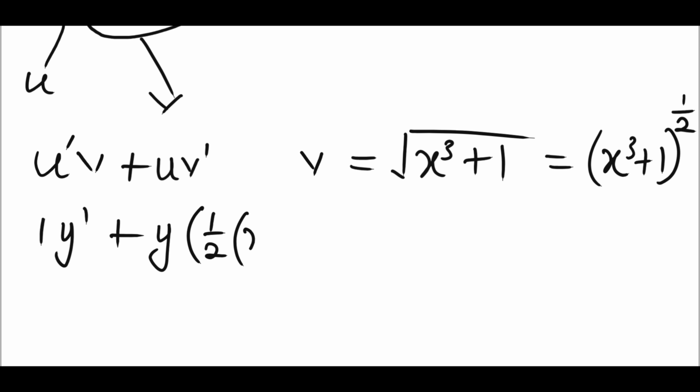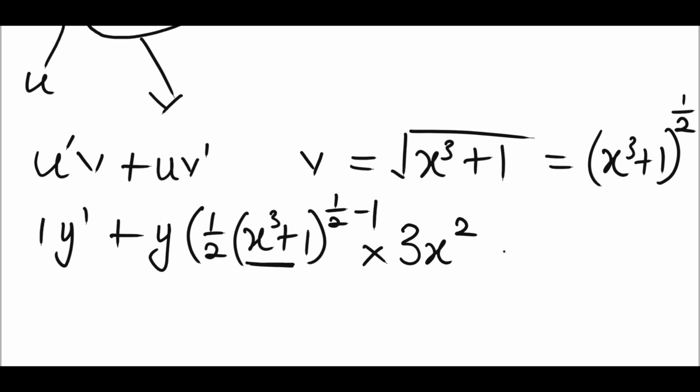Then you maintain what you have in the bracket, which is x cubed plus 1, and you reduce the power by 1, so you subtract 1 from the exponent half. Then times the derivative of what we have inside. When you differentiate x cubed plus 1, you are going to get 3x squared. And that will be the derivative of the v.